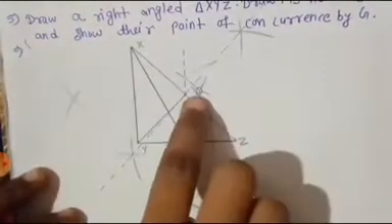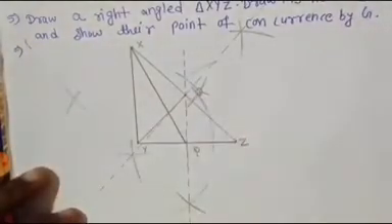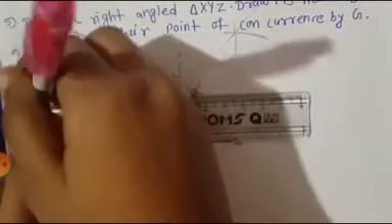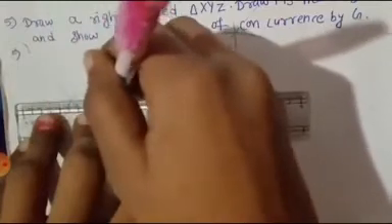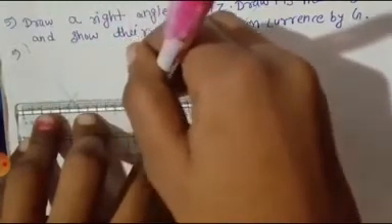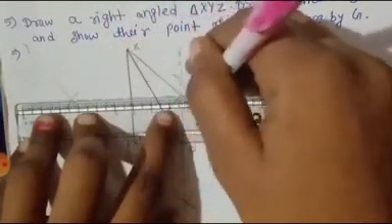First of all, you will get the proper point, then you will join it. With the help of a scale, draw one line denoted by dots.